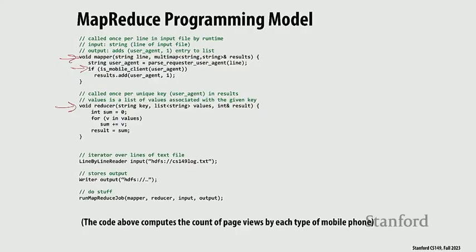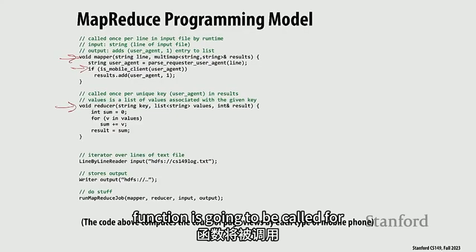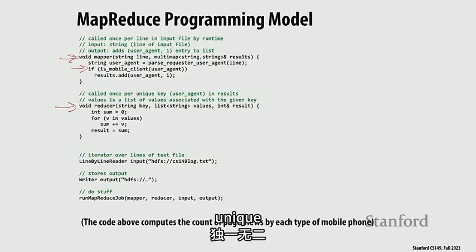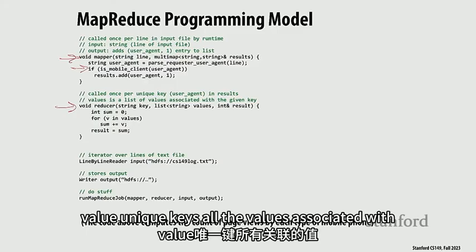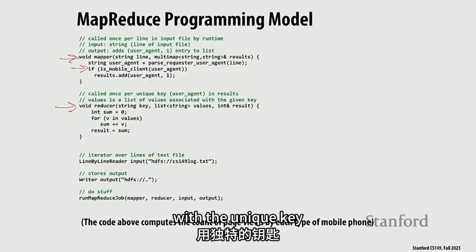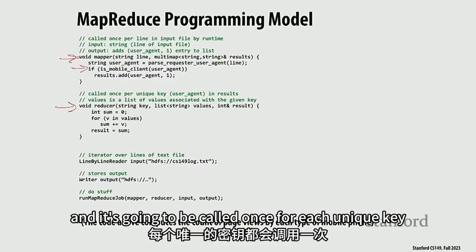It's going to add an entry to the map data structure, and then the reducer function is going to be called for all the values associated with each unique key, once for each unique key.